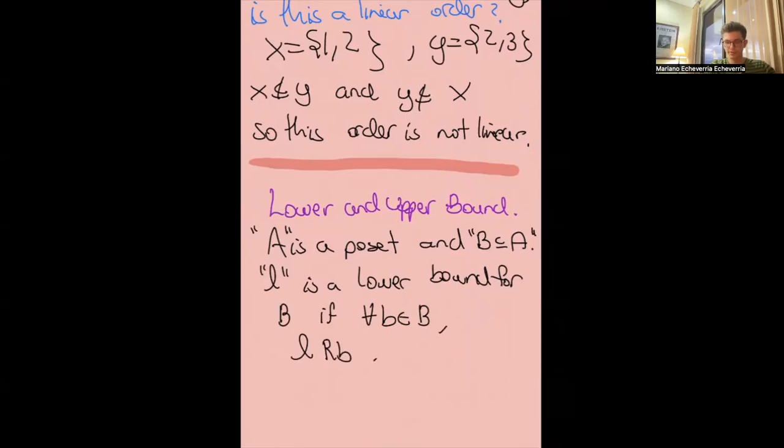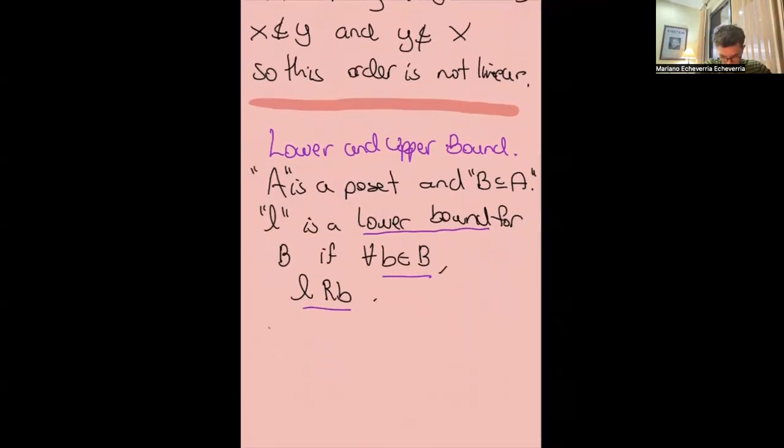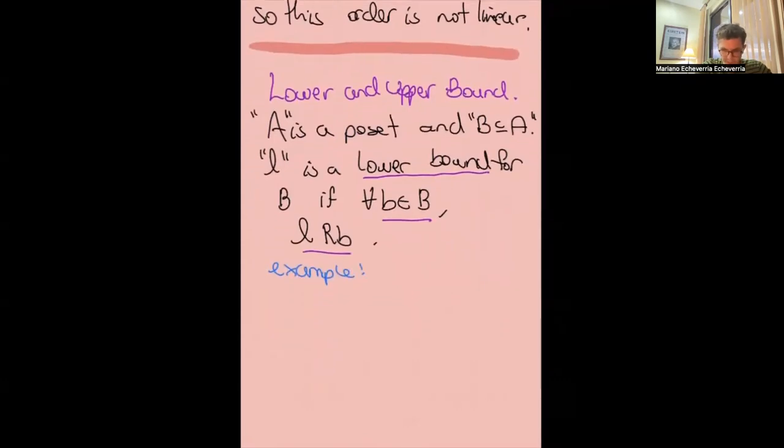Okay, this looks a little bit weird how I'm writing it, but you'll see in a second that this is not too complicated. This is very intuitive actually. So imagine, just as an example, that A is the real numbers and B is the interval [0, 1].